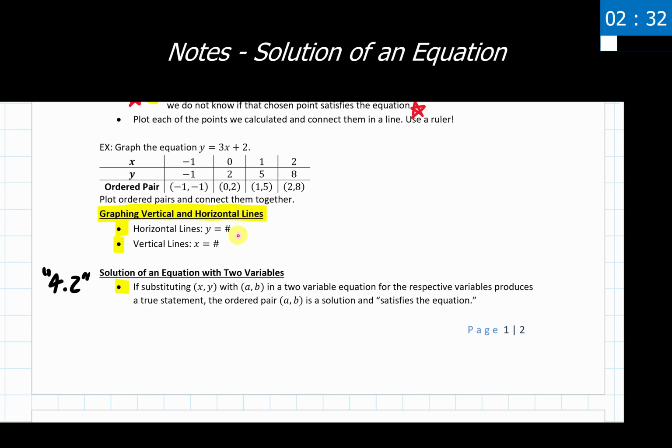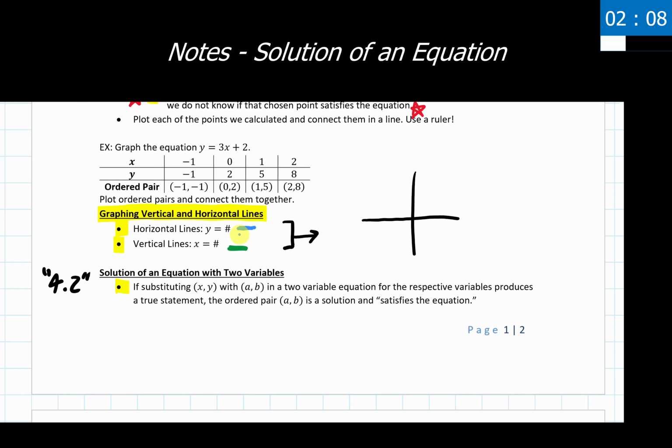The nice part about that is if it's a horizontal line or a vertical line, I'm going to make just a quick set of axes here to show this. It's not going to be particularly detailed, but follow me with this. We'll use blue for a horizontal line, and we'll use green for vertical.